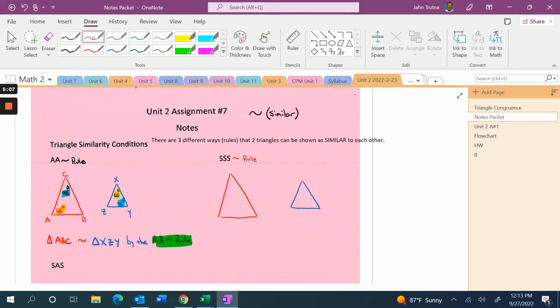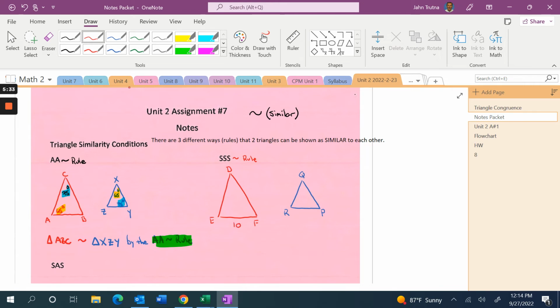Okay? The red triangle is represented by the letters, the vertices D, E, and F. And the blue triangle's vertices are represented by the letters P, Q, and R. The shortest side of the red triangle has a length of 10.